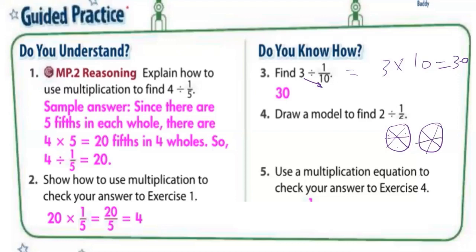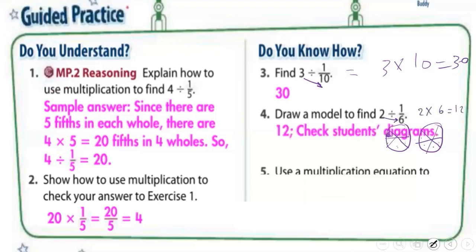If we count the number of pieces representing 1 over 6, they will be 12. I can do that directly. 2 by 6, we will get 12 also. This is the diagram you are going to draw. You will get 12 pieces.